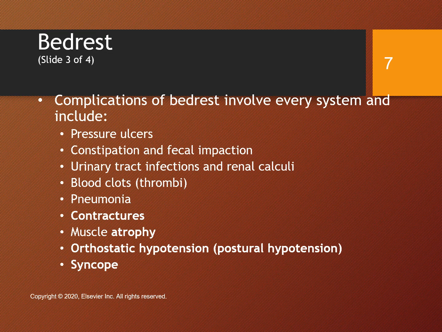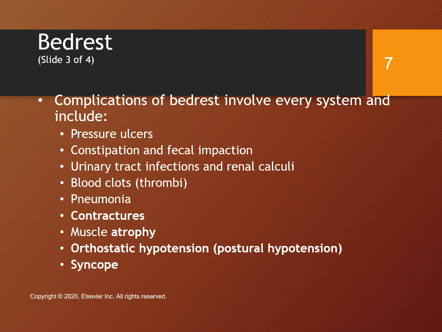The contracted muscle is fixed into position, is deformed, and cannot stretch. Atrophy is a decrease in size or the wasting away of tissue. Muscle atrophy is a decrease in size or a wasting away of muscles. Orthostatic hypotension is abnormally low blood pressure when the person suddenly stands up.